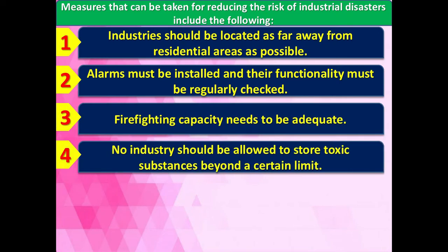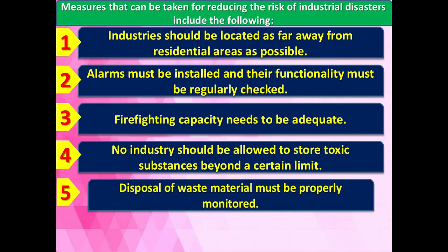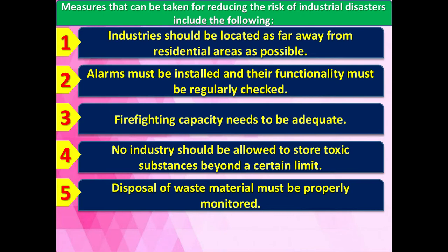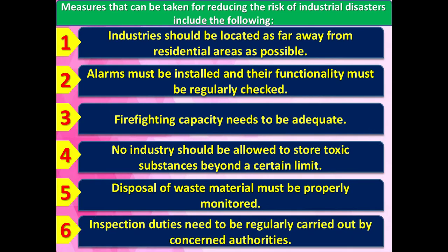No industry should be allowed to store toxic substances beyond a certain limit, disposal of waste material must be properly monitored, and inspection of duties needs to be regularly carried out by the concerned authorities. So these are the steps for reducing the risk of industrial disasters.